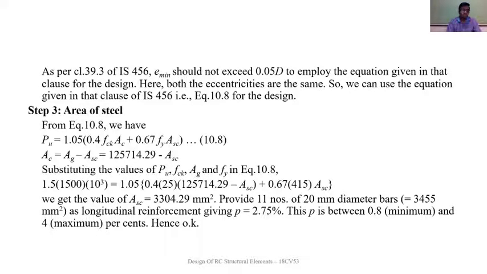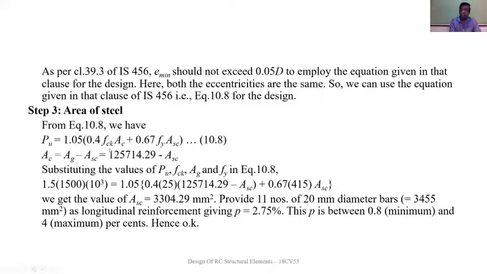As explained earlier, the Pu equation is multiplied with a factor of 1.05 because of the effect of helical reinforcement, which introduces higher strength to the column. So 1.05 times 0.4 fck Ac plus 0.67 fy Asc. The area of concrete Ac is rewritten as gross area minus area of steel.